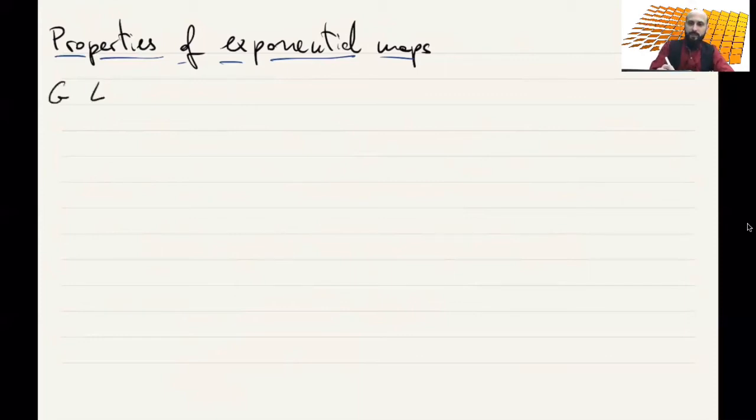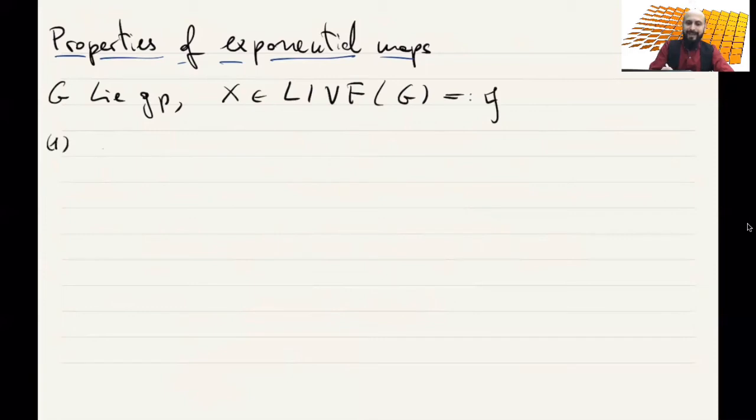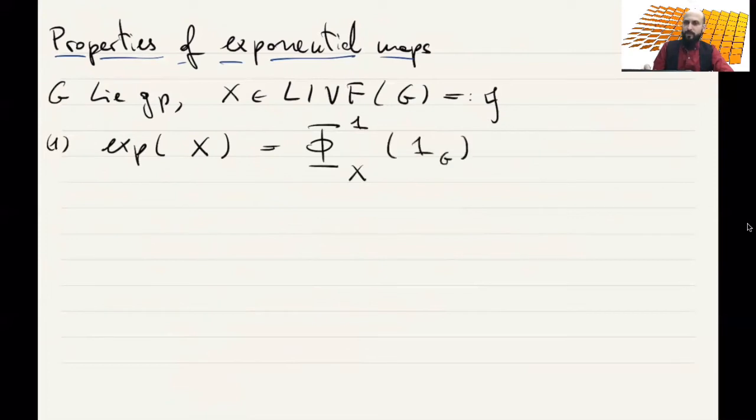So say we have a Lie group, and we fix a left invariant vector field. So this is the Lie algebra g. Okay, first property. The exponential of x, by definition, is the flow line at time 1, starting from the identity of the group.